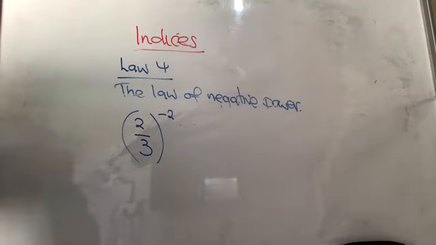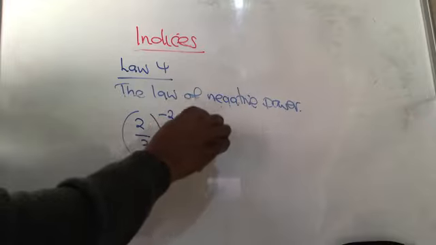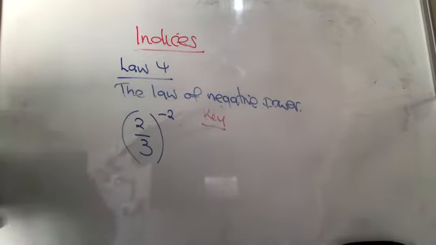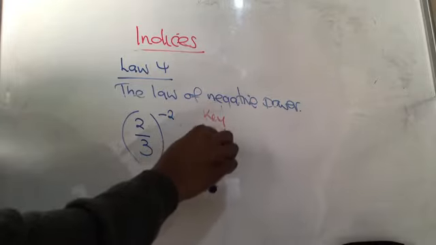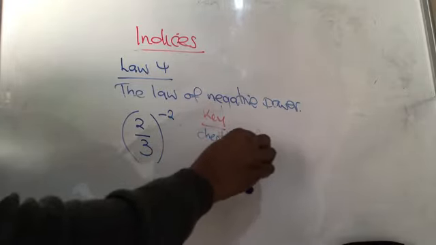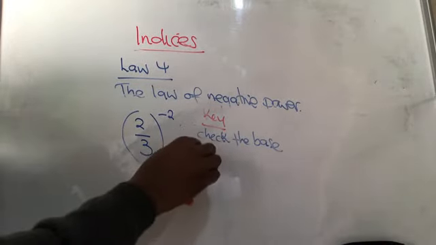Now, here, the first thing that I have to understand is to check the base. So the key is to check the base. I'm going to check the base. That's the first thing. The second thing, also I have to acknowledge the power.